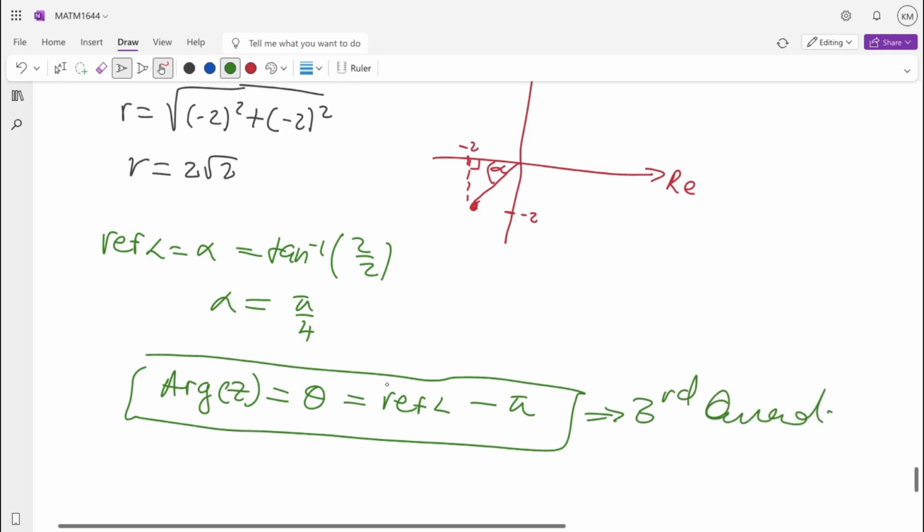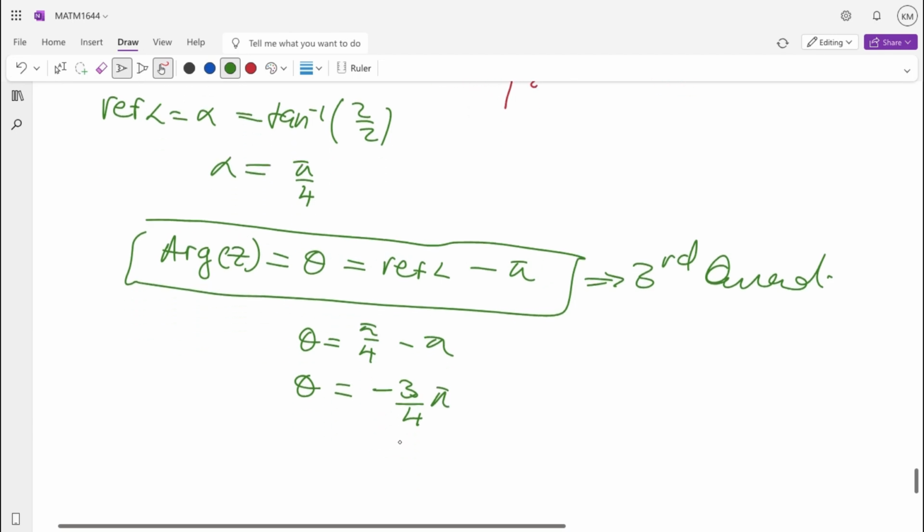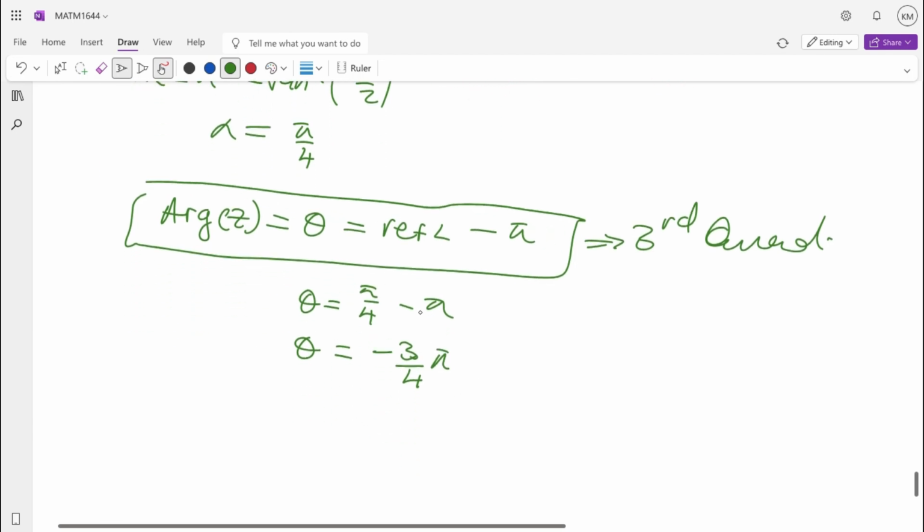In the third quadrant, it will be the reference angle minus pi. Always do it like that. So theta is just going to be pi over 4 minus pi, which is minus 3 over 4 pi. So this is your principal argument of z.